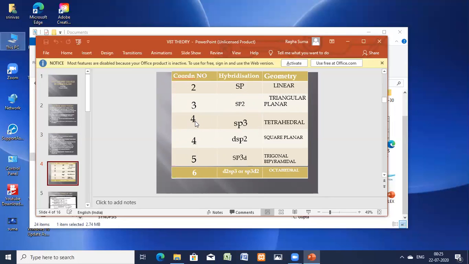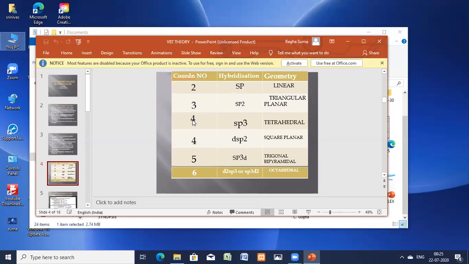If the coordination number is 4, ML4, M is the central metal atom and there are 4 ligands around it. See here, the number of hybridized orbitals coincides with the number of ligands: here 2 orbitals, here 3 orbitals, 2 p's and 1 s.